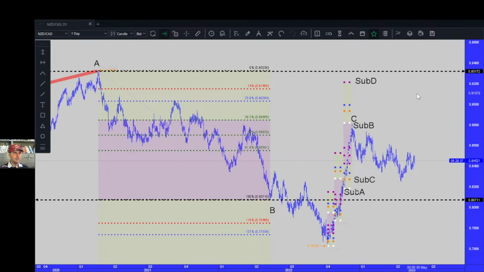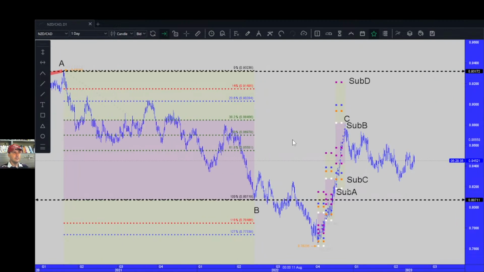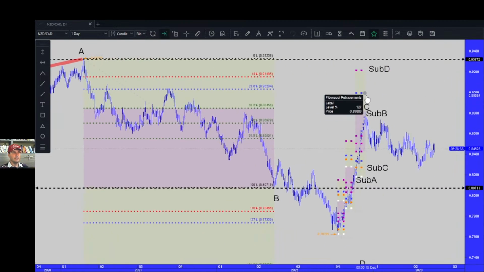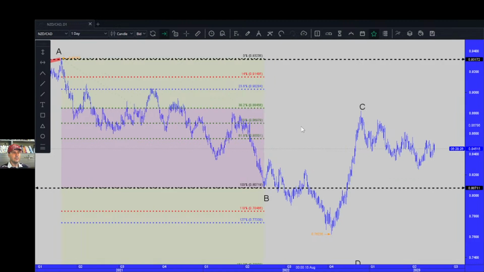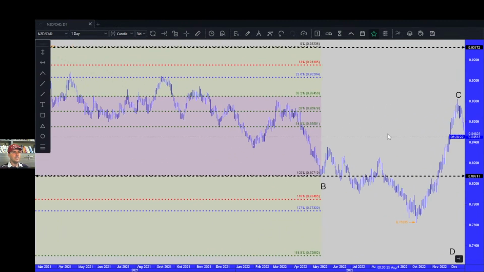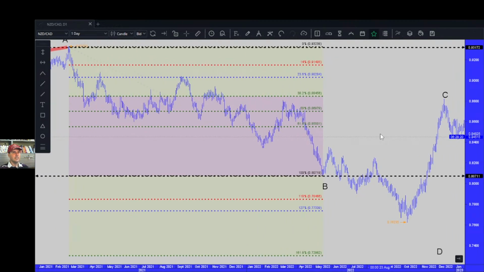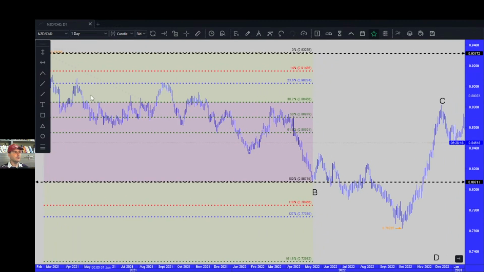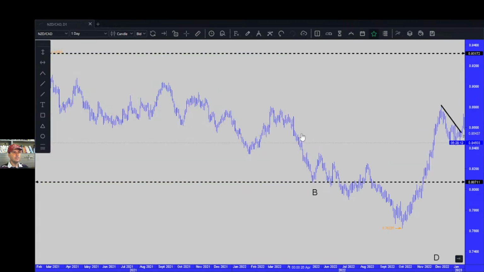Alright. Now, if I delete the contrarian, everybody, delete. Now, when this happened, everybody, guess what the majority of traders did up in here? You don't have the Fibonacci.